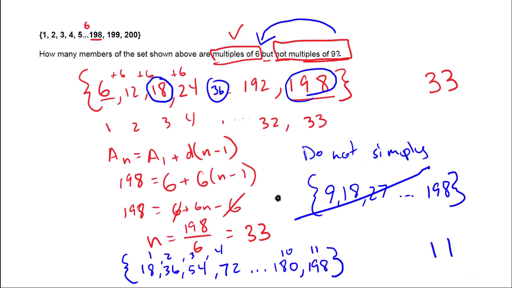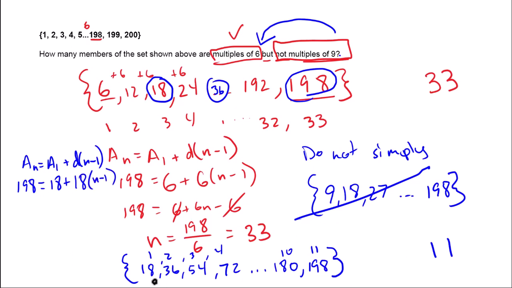I also could use my arithmetic sequence formula again. I could say AN equals A1 plus D, my common difference, times the number of terms minus 1. AN, in this case my last term, is also 198. My first term in this case is 18. And my common difference is 18, I'm going up by 18 each term. So that's 18 times n minus 1.